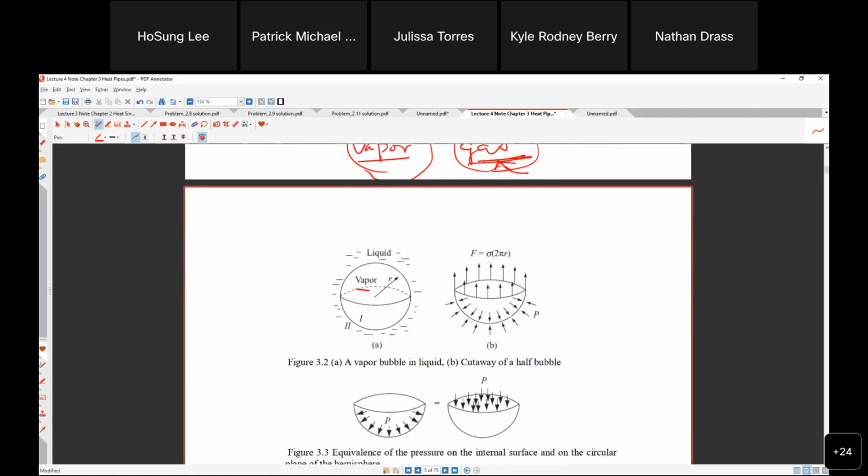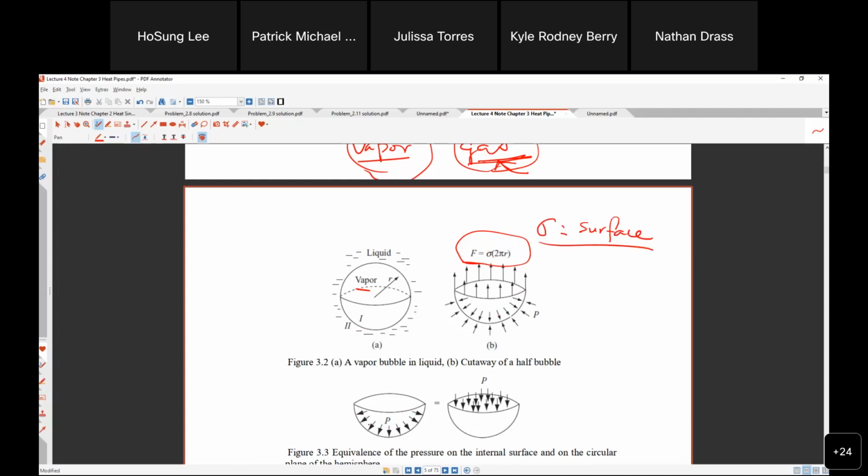And also, that's why we write, okay, tension on the circumference. No, imaginary cut, 2 pi r, and sigma. It's a surface tension. Sigma is, we know that, a property. But this one must be the same as the pressure inside.